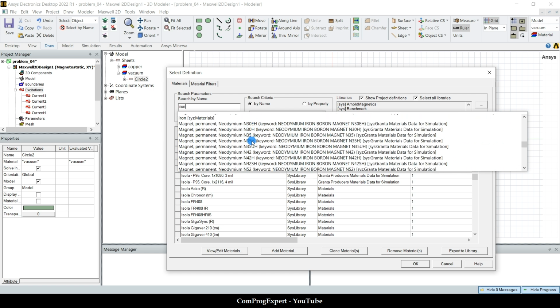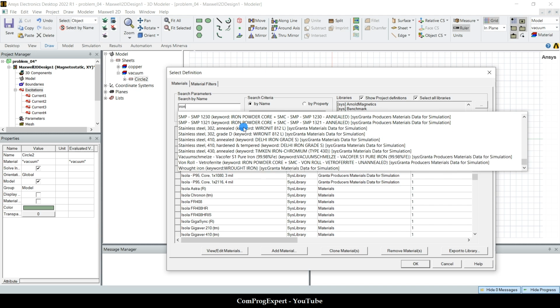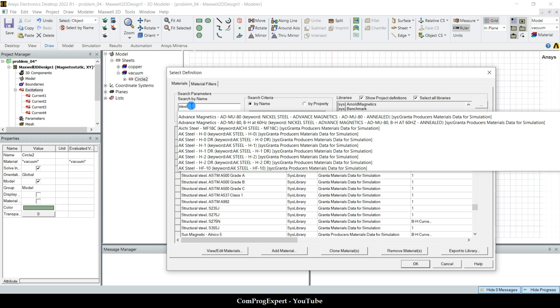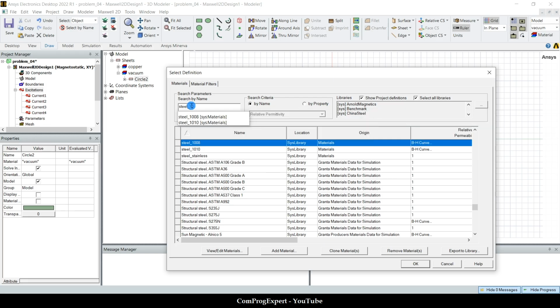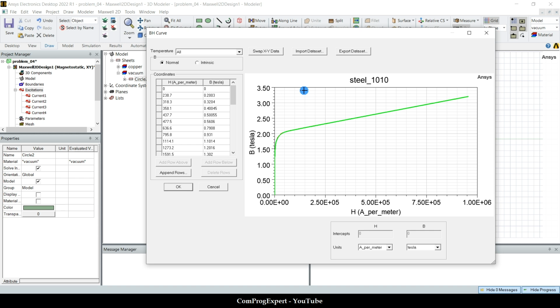So I am going to consider one material at random. So let's consider a steel 1010. So before selecting this material, let's check its properties. The relative permeability is nonlinear, it is not a constant. So let's check the HP curve. Here you can see the HP curve of this material.